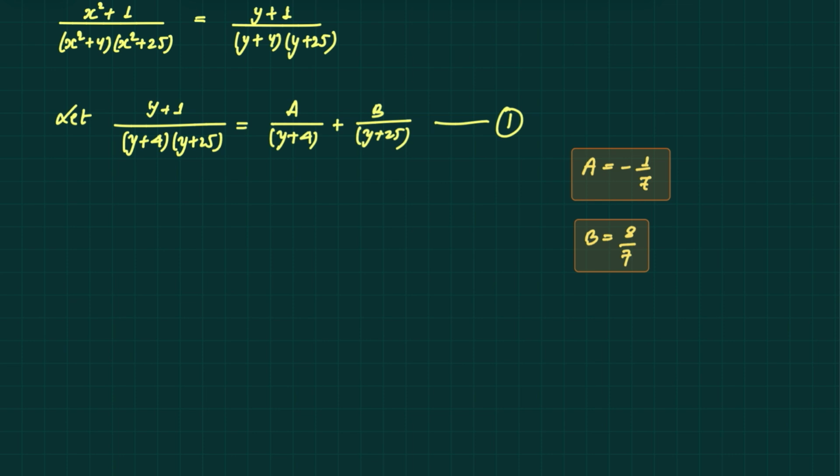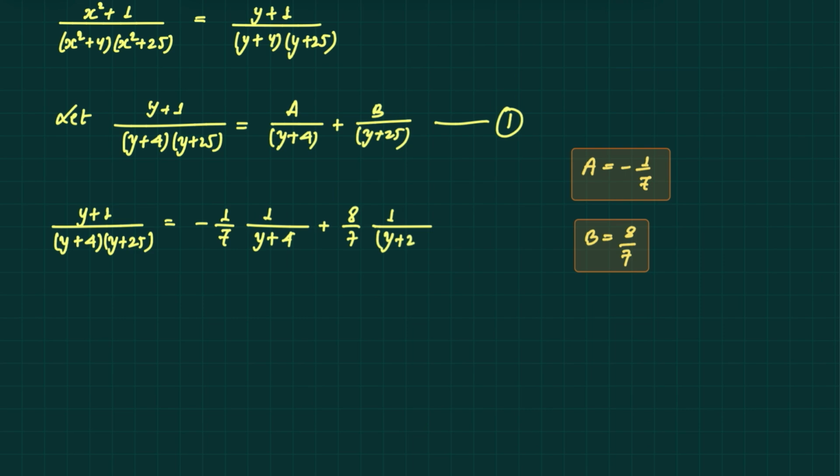Putting the value of a and b in equation 1, we will have minus 1 by 7 into 1 over (y plus 4) plus the value of b is 8 by 7 into 1 by (y plus 25).